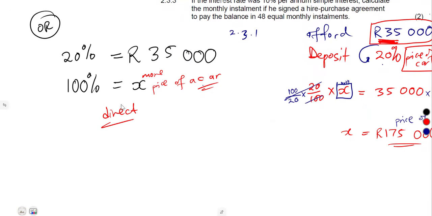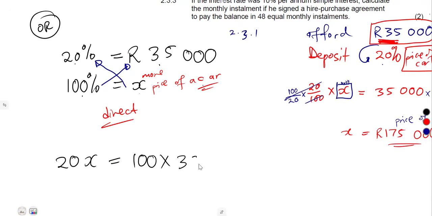So under a direct proportion, remember that's where we apply the cross multiplication. So we're simply going to multiply 20 times x, which is 20x, is equal to 100 times 35,000.